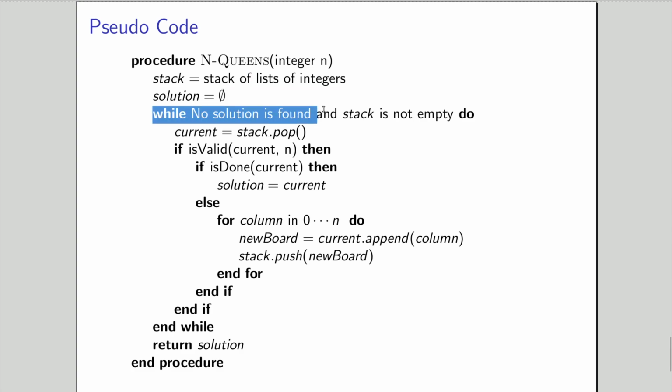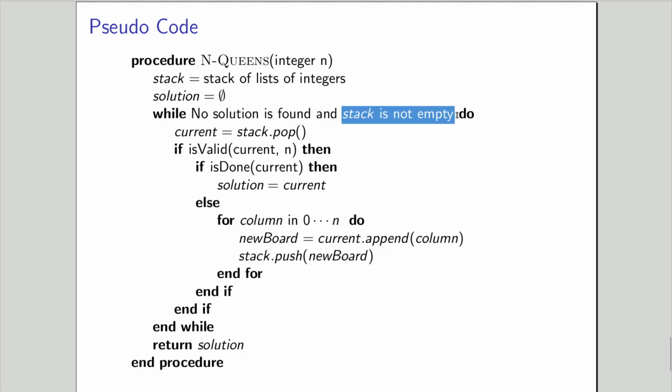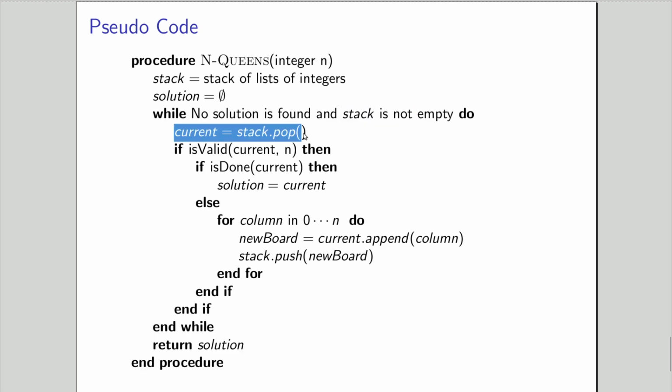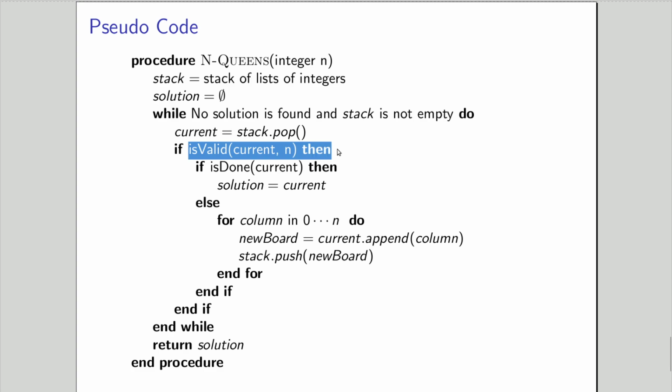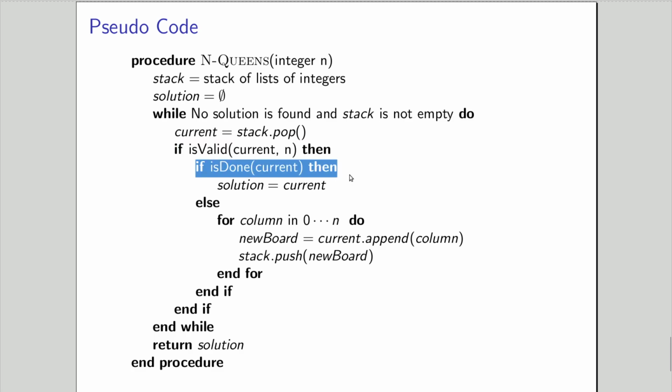Now, while there's no solution and the stack is not empty, we're going to get the current state. We're going to check if the state is valid or viable, meaning the placement of the queens is good. So we're going to check the row and column and diagonal constraints here. If it's a viable placement, now we're going to check, is it done?